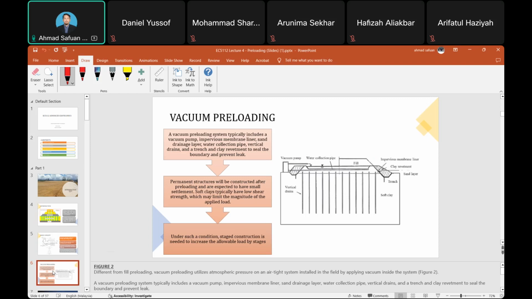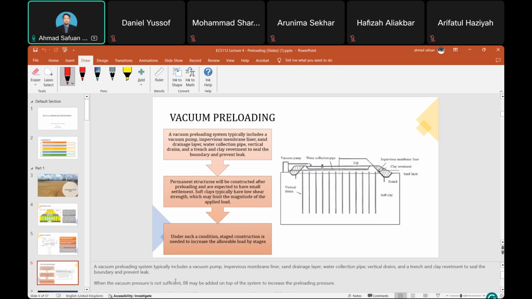So the vacuum preloading system typically includes a vacuum pump, impervious membrane liner, sand drainage layer, water collection pipe, vertical drain, and a trench and a clay embankment to seal the boundary and prevent leak.